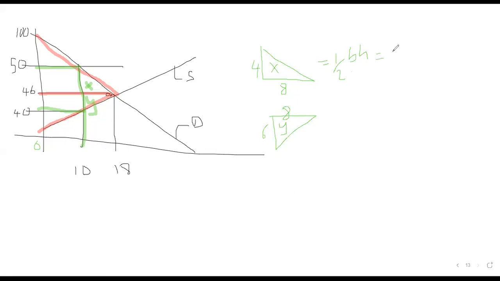So here we're going to have our base as 8 and our height as what? 4. So this one is giving us 16. Similarly, the same formula here applies. Our base is what? 8. And our height is what? 6. So we're going to get 24. And adding up, we're going to get 40. So 40 is called our deadweight loss.